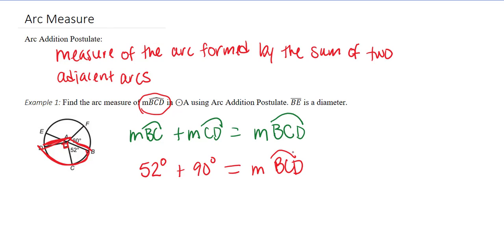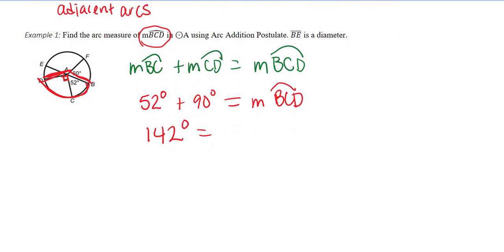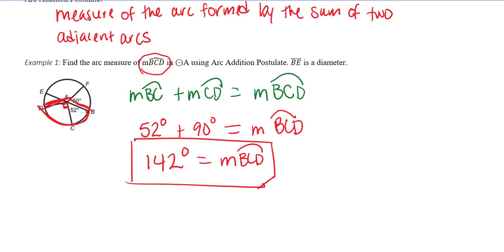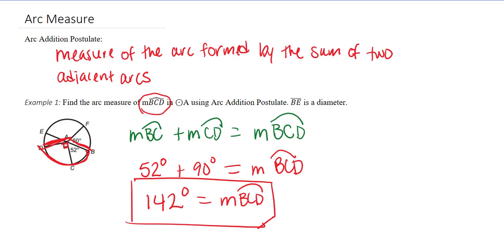What does that equal? We've already gone over this, but this is 142 degrees. Now it's important to understand it in terms of our arc addition postulate, how we can add two smaller arcs together to form this larger arc. So let's look at another example.